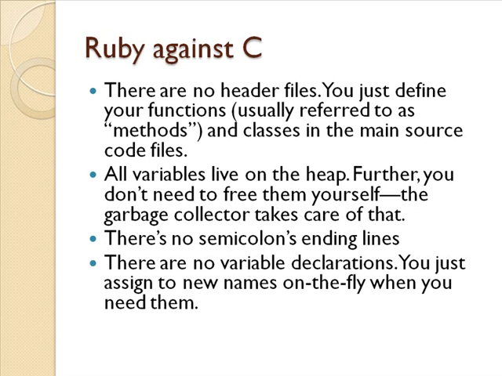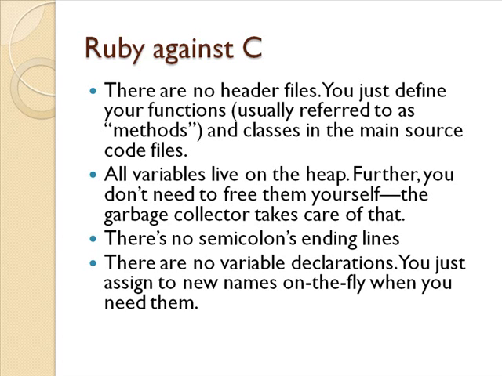Now let's talk about the difference between Ruby and other languages. First of all, we'll talk about Ruby against C. There are no header files. You just define your functions, usually referred to as methods, and classes in the main source code files.